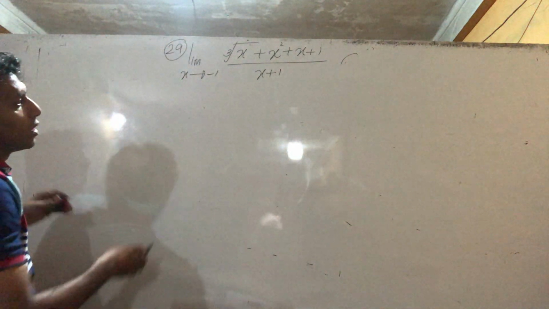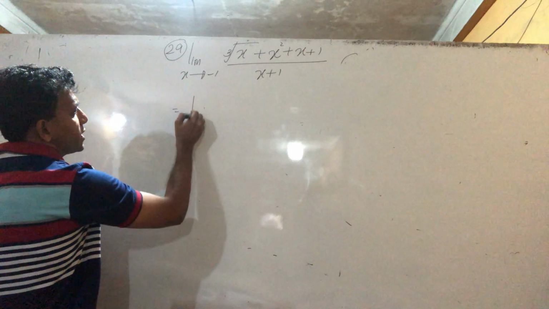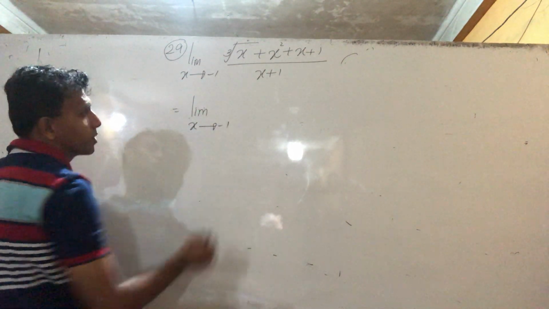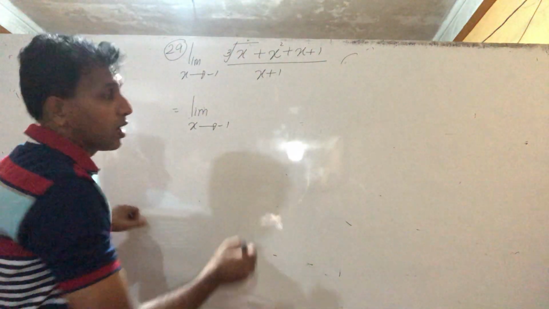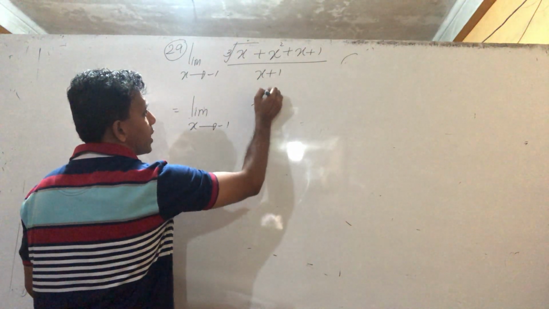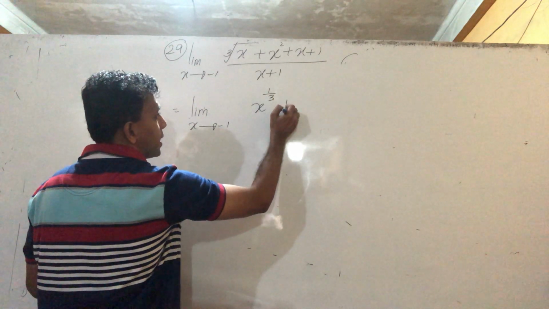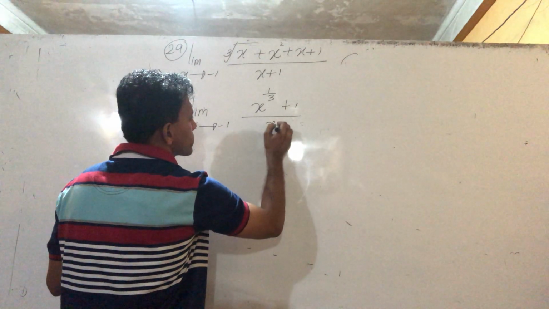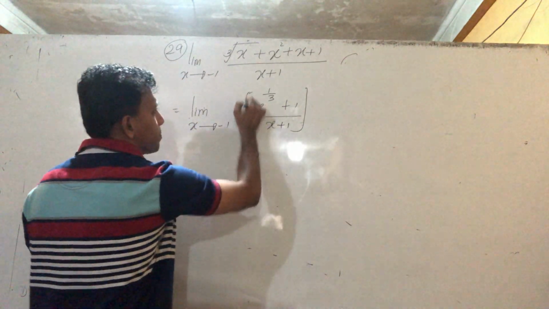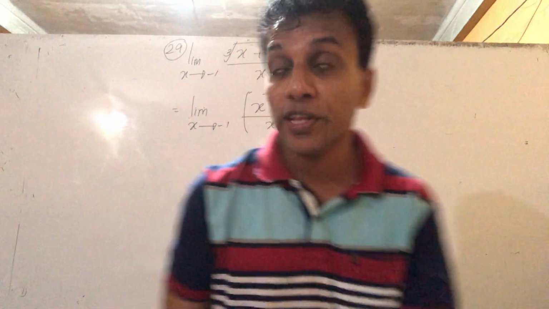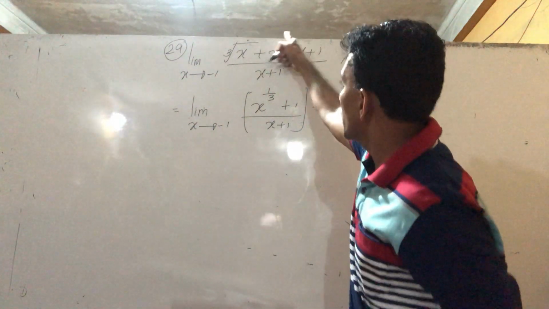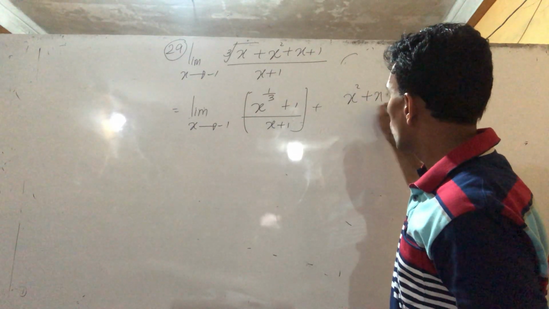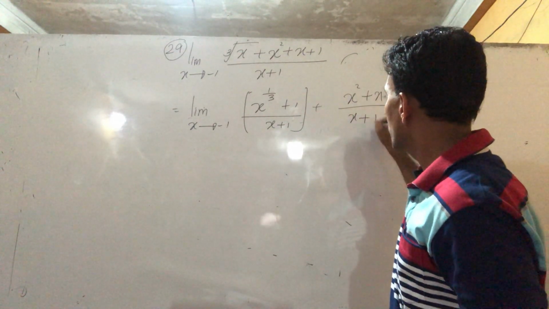How? Can I divide it into some parts? Limit x tends to minus 1. Can I write this as x to the power 1/3 plus 1 over x plus 1, part of the expression, and not only that, plus x squared plus x over x plus 1?